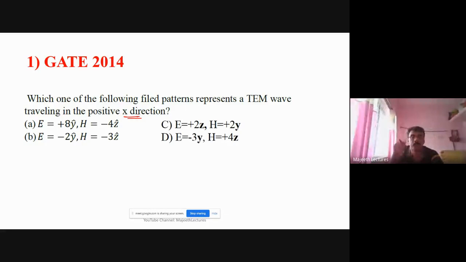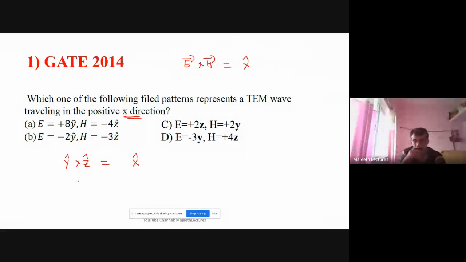So the wave should propagate in plus x, right? We know E cross H will give the wave propagation direction. This must be x. So in what ways can you get x here? Your E may be in y direction, H may be in z direction, y cross z is equal to x.